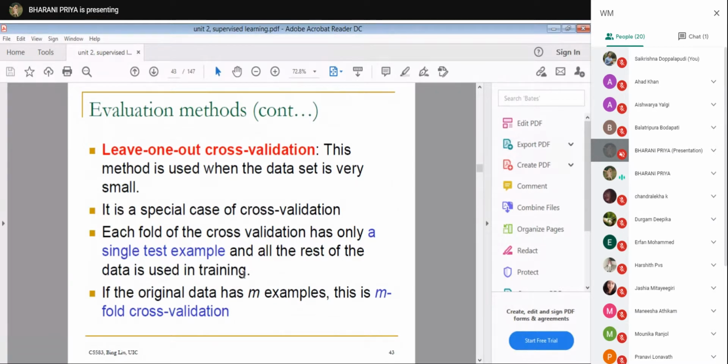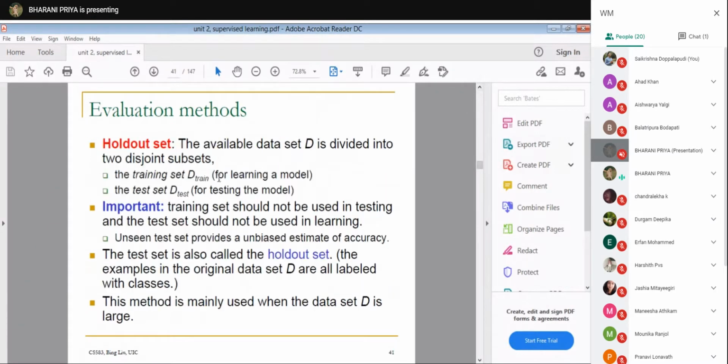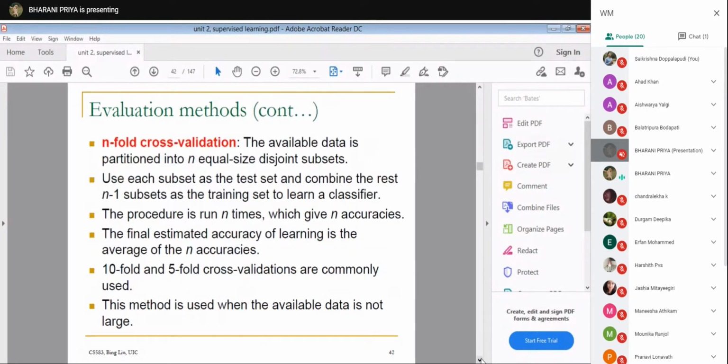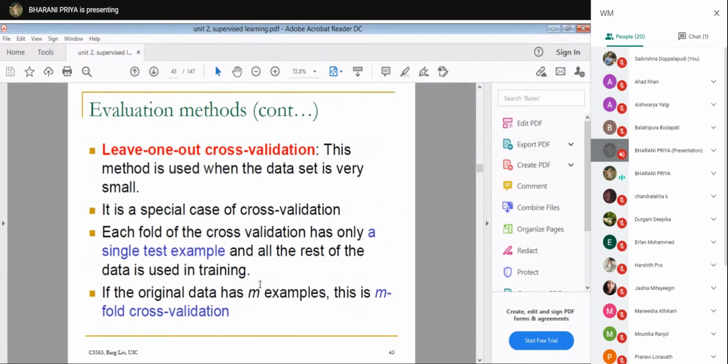What is the difference between the first one and this one? In the holdout method, you divide the data into two sets, a training set and a test set. Here also you divide the data into a training set and a test set. But what is the difference? Here the test set will have only a single record.